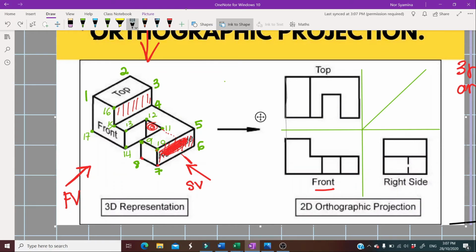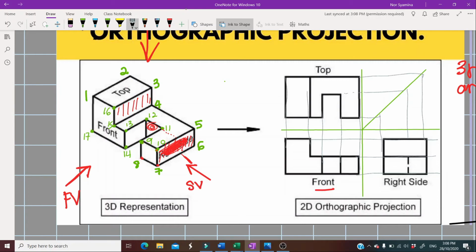Just project each line. I'm just doing it manually, but I hope you get the idea. You have to project each and every point. You're going to project using construction lines. It has to be the same. So you're going to connect it at 45 degrees. It has to work all together.